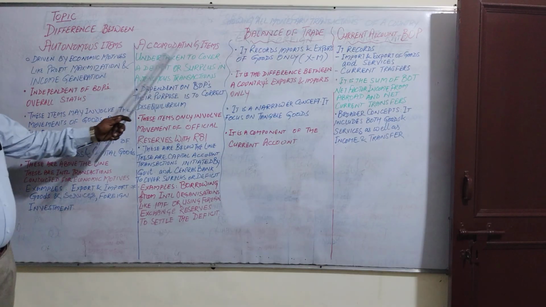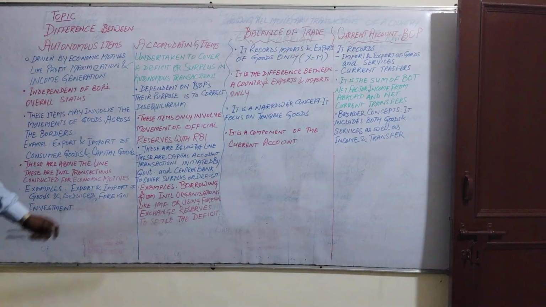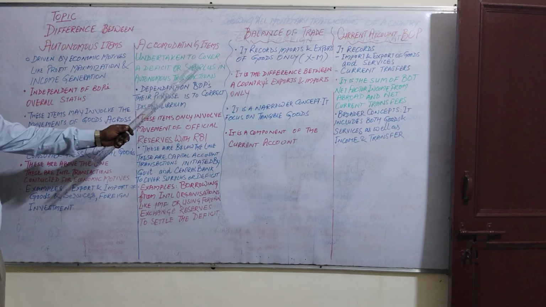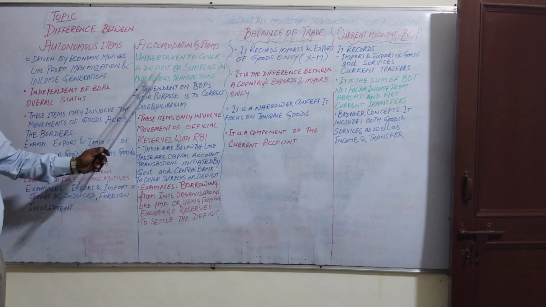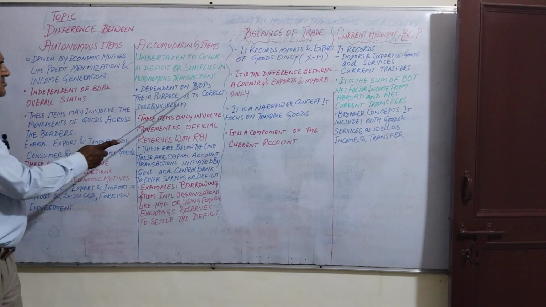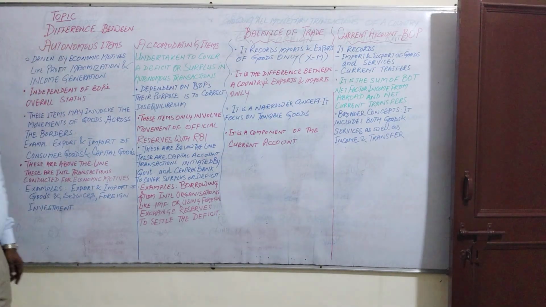On the other hand, accommodating items are undertaken to cover a deficit or surplus in autonomous transactions, and these are dependent on balance of payments. Their purpose is to correct disequilibrium.